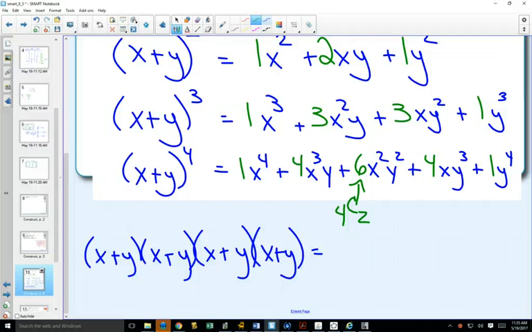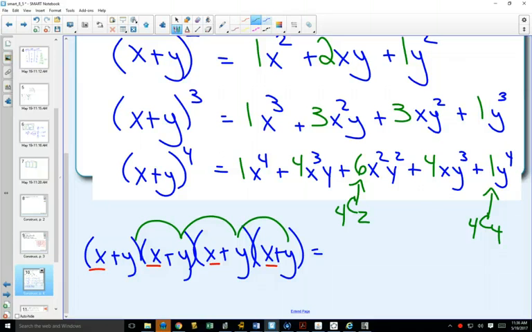6 ways. If you have 4 y's and you need to choose all 4 of them, the only way you get a y to the 4 is when all of those last terms multiply, and that happens only once. But you could get 3 y's and an x by having the 3 y's in this x, the 3 y's in this x, the 3 y's in this x, or the 3 y's in this x.